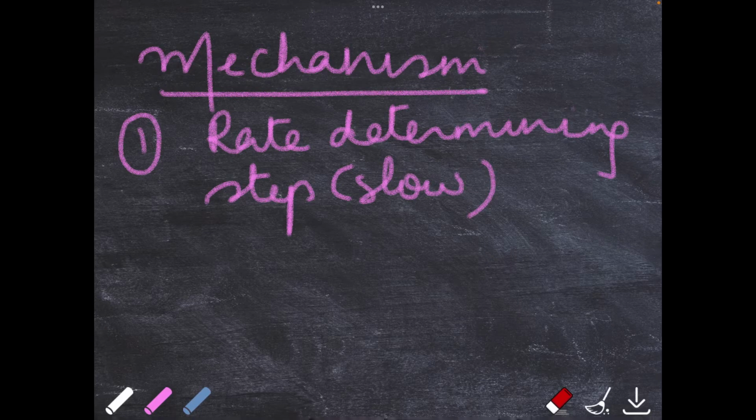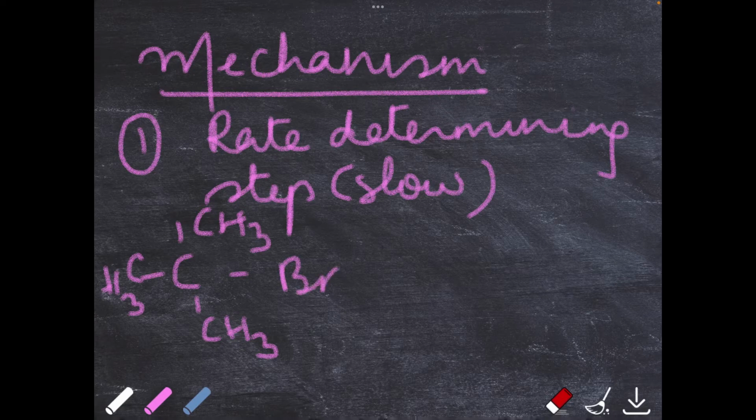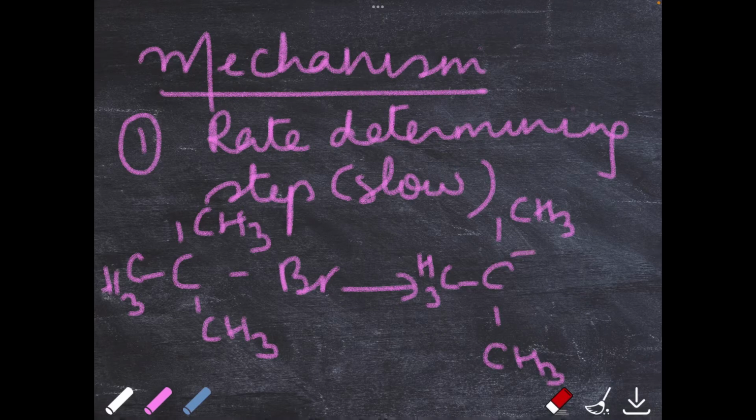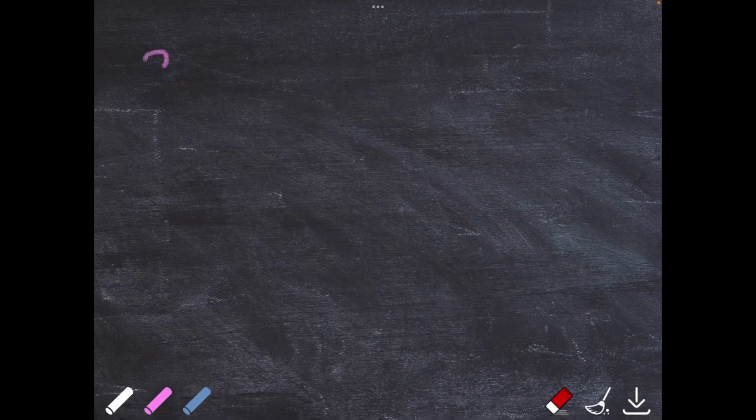In this step, the alkyl halide or the tertiary butyl bromide breaks up into a carbocation, or tertiary butyl cation, plus Br minus.